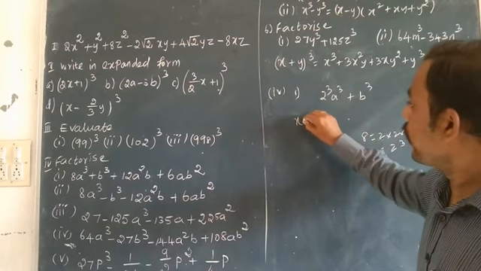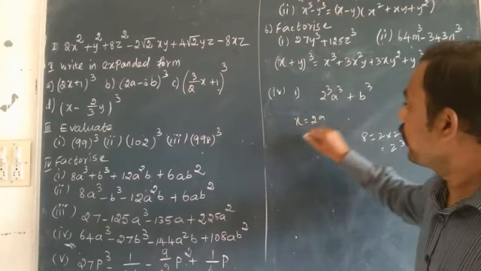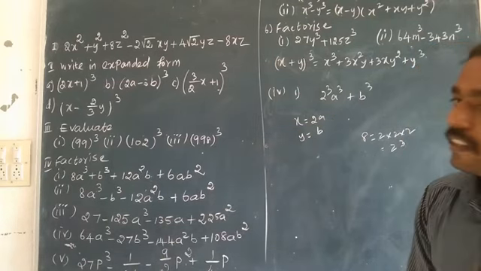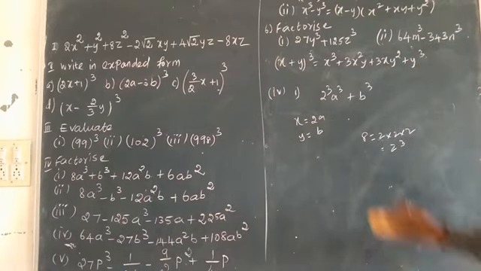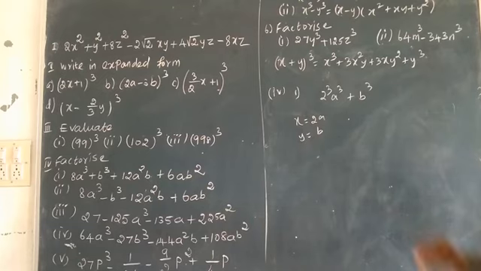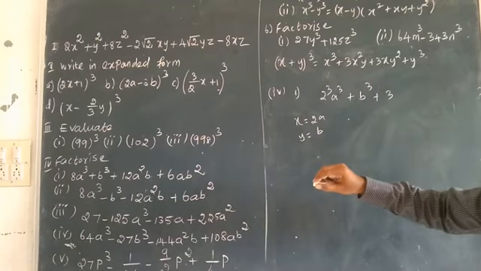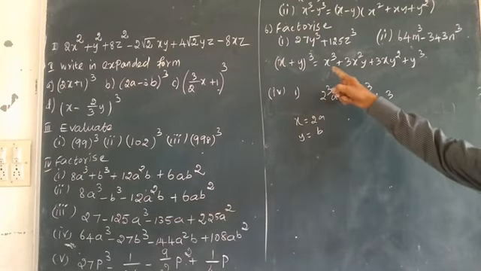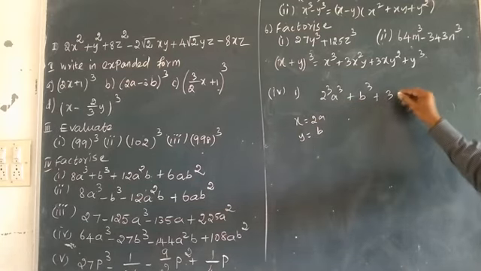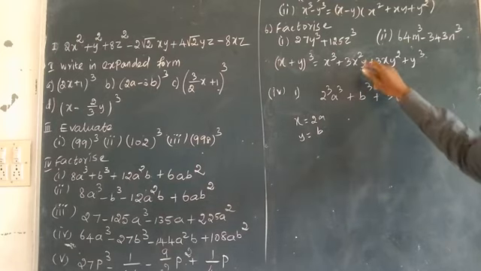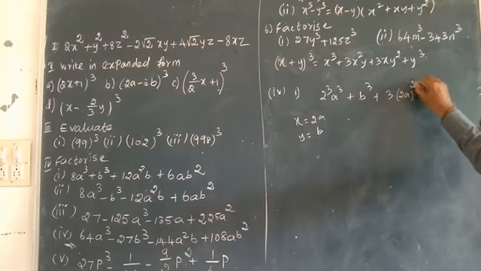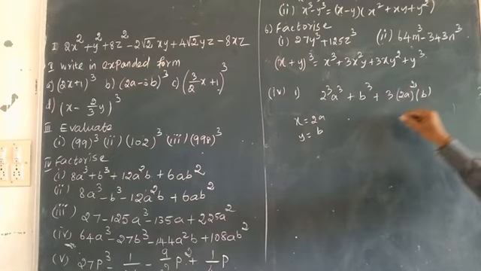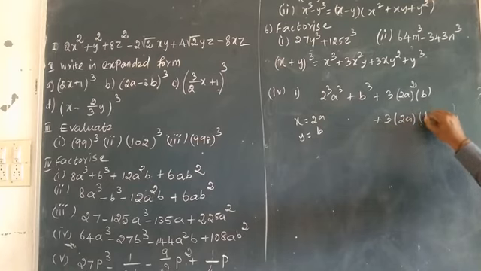Now you know that you can identify x is equal to 2a, and in the place of y you have b. Like that you are going to separate your terms. So plus 3 x squared y, that is 2a the whole square into b, plus 3 x y squared, that is 2a into b square, plus b power 3.